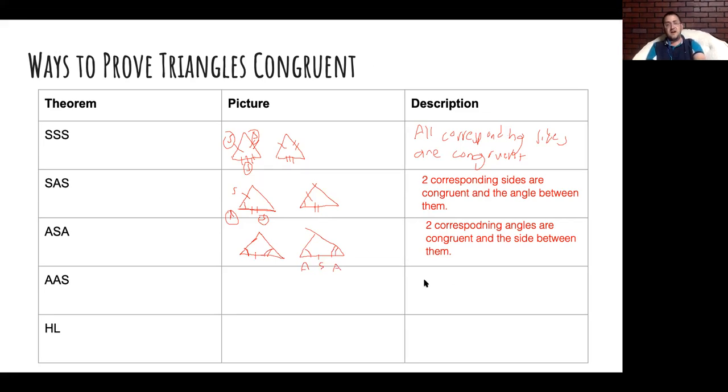And then for angle, angle, side, this is one where people do get a little bit confused with the ASA, but on this one, you have two corresponding angles are congruent and a side not between them.